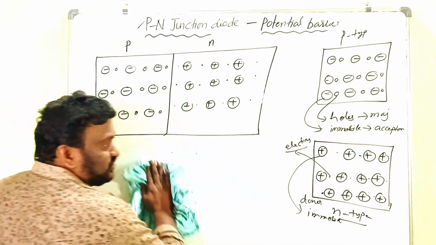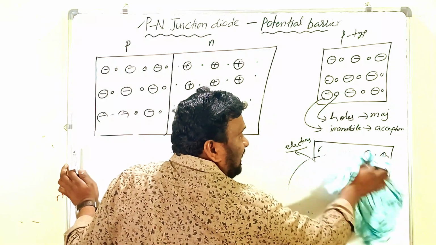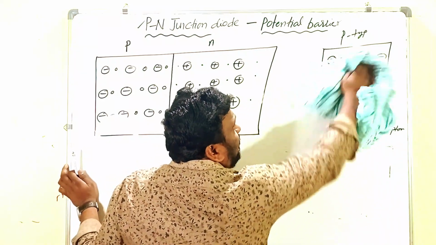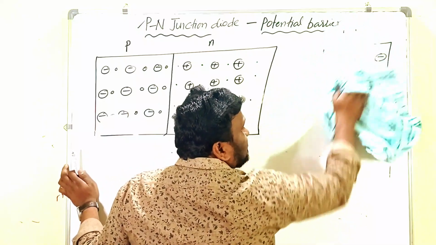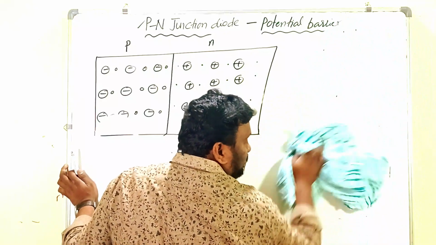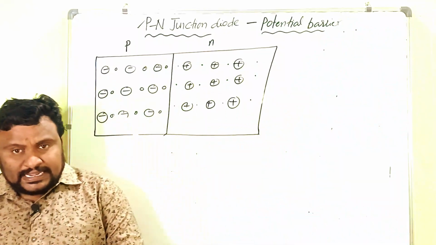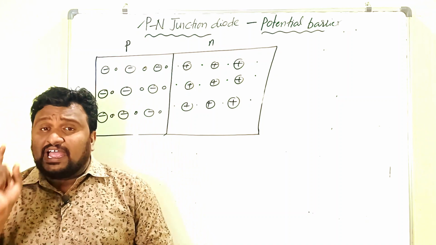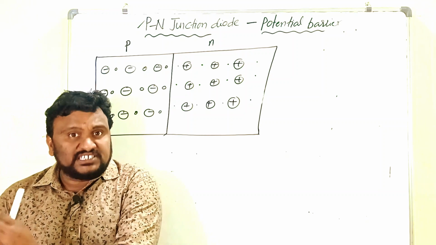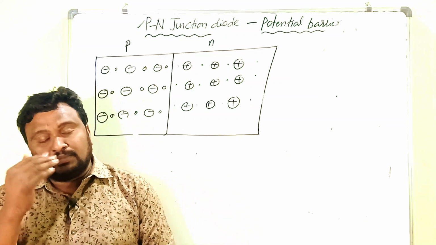Hole charge is positive, and these dots are electrons, and electron charge is negative. Opposite charges always attract, so they want to move from one side to the other and combine. In p-type, holes are the majority, and in n-type, electrons are the majority.